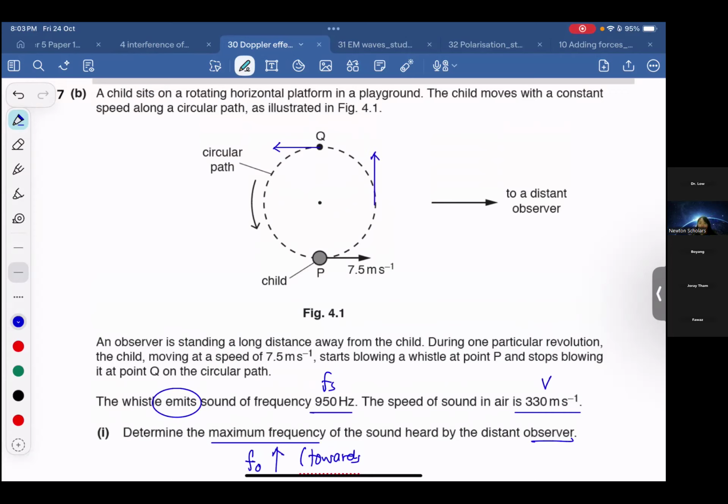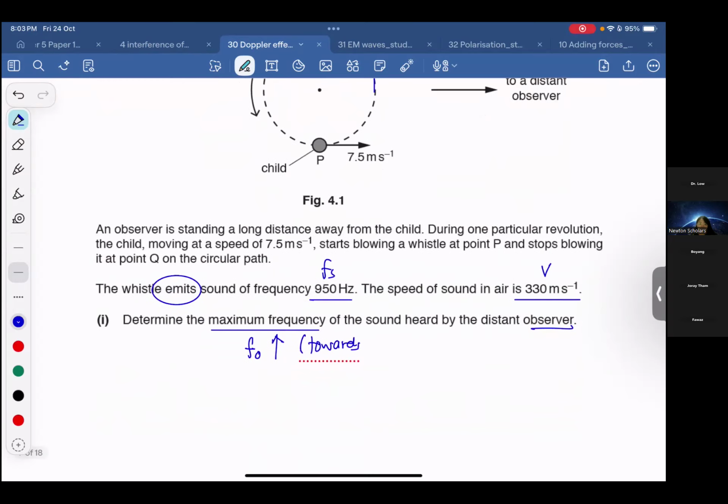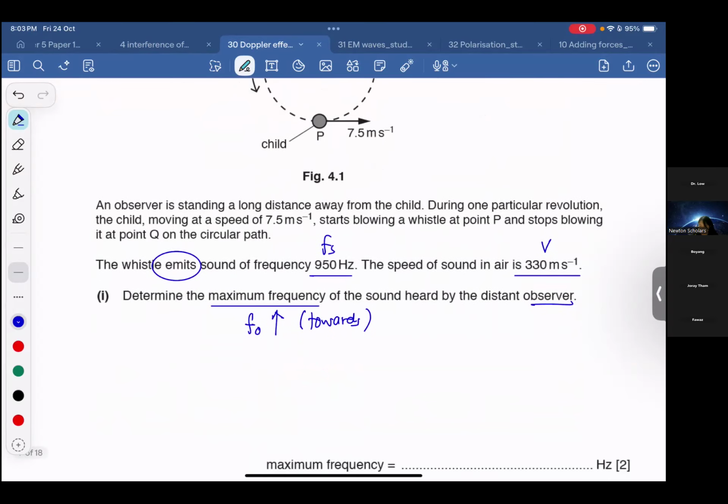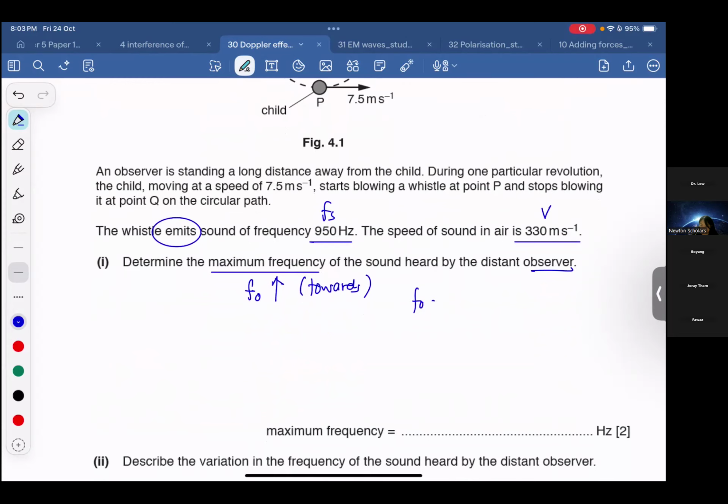So you should look at this by using the formula fo equals v over (v plus or minus vs) times fs. Ask yourself, should it be plus or minus for this part? If maximum frequency, that means it should be towards, so that you can get the maximum.